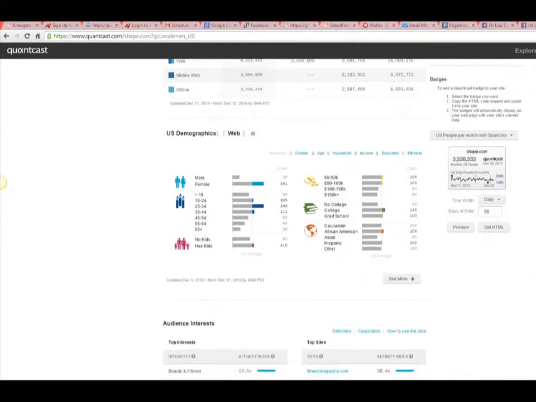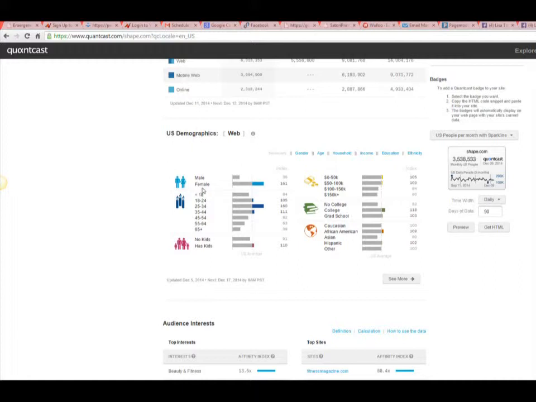Okay, now if you scroll down here, it gives you more information about your visitors. And this is where it gets really interesting, because this is going to help you create your ad.